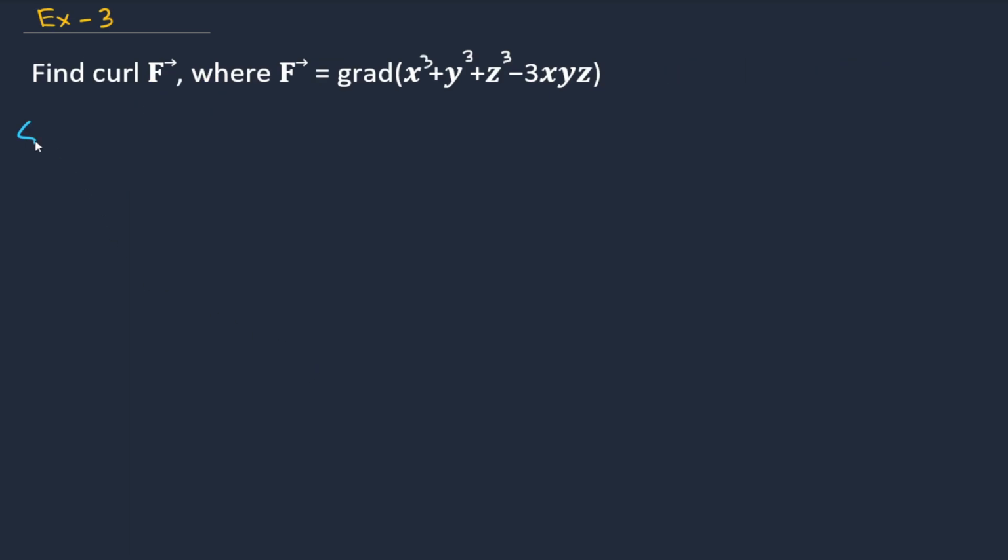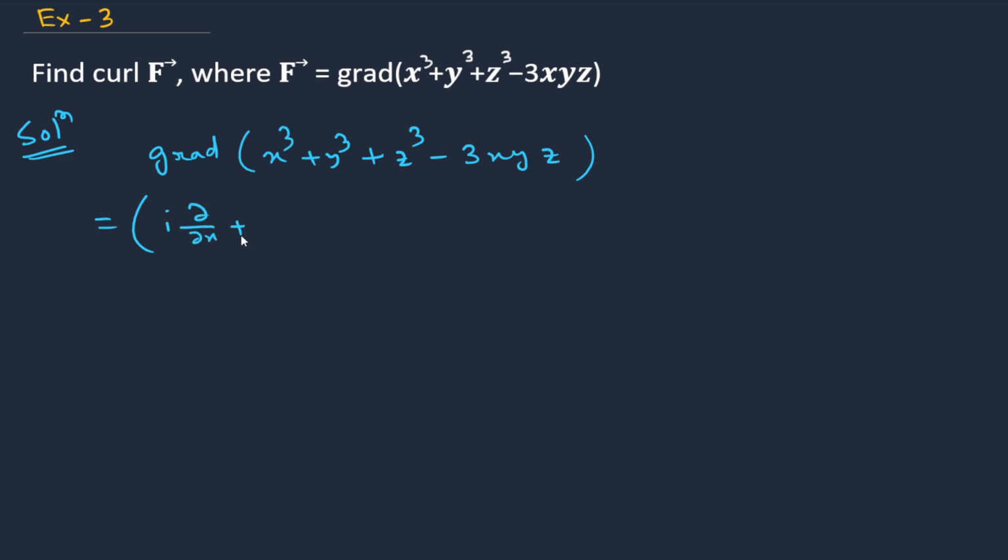Here you see gradient is given. Gradient of this is given, then we find curl f bar. So let us find gradient of x cube plus y cube plus z cube minus 3xyz. So gradient means i del del x plus j del del y plus k del del z of x cube plus y cube plus z cube minus 3xyz.